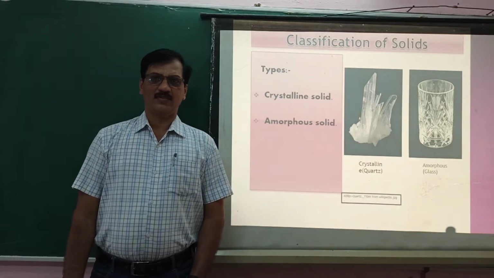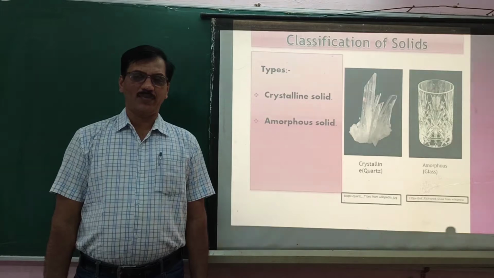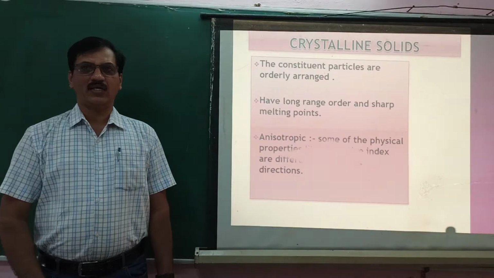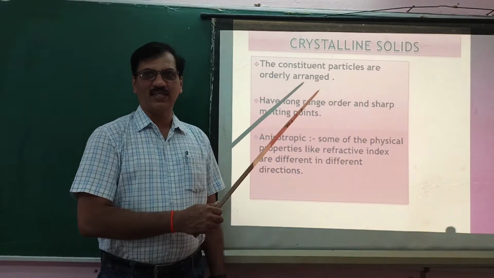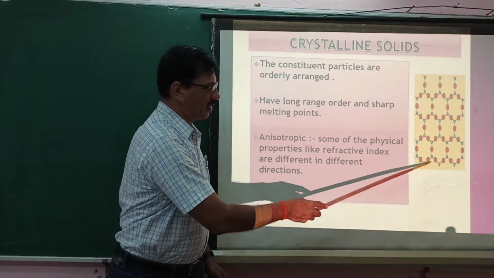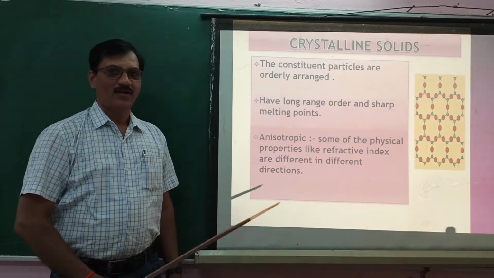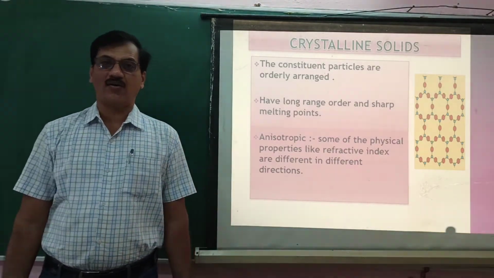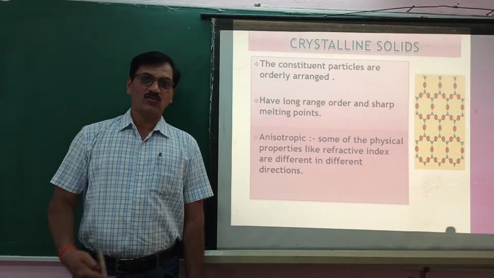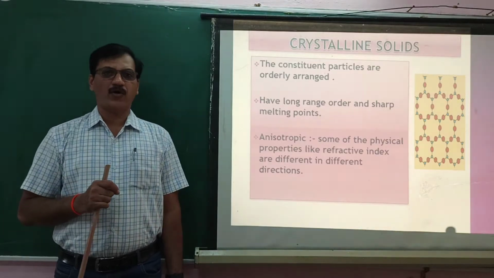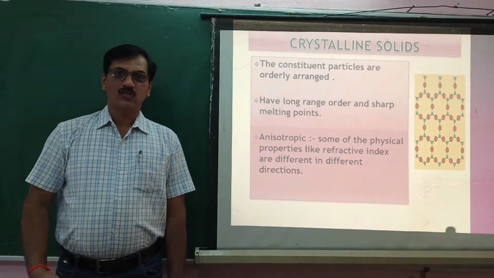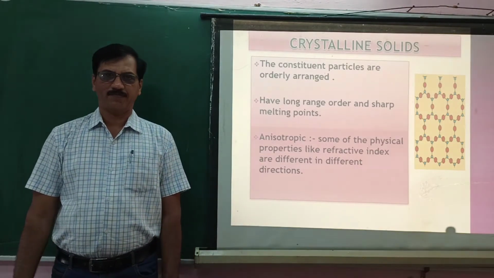In what way are they different? Let us see the arrangement of them. The constituent particles are orderly arranged in a crystalline solid, as you can see here. They have long range order, which is the better way of saying it. So they have sharp melting points. Any solid you take and determine the melting point of, you get a sharp melting point. They are also anisotropic in nature.